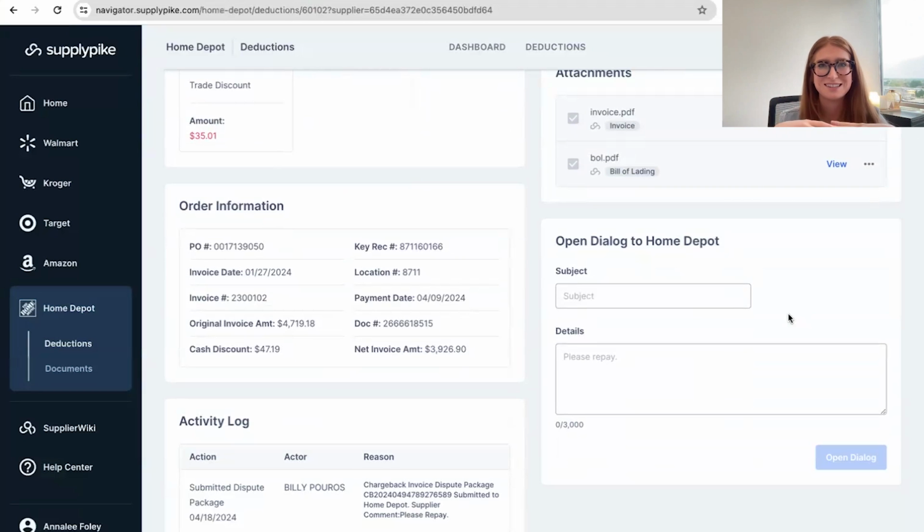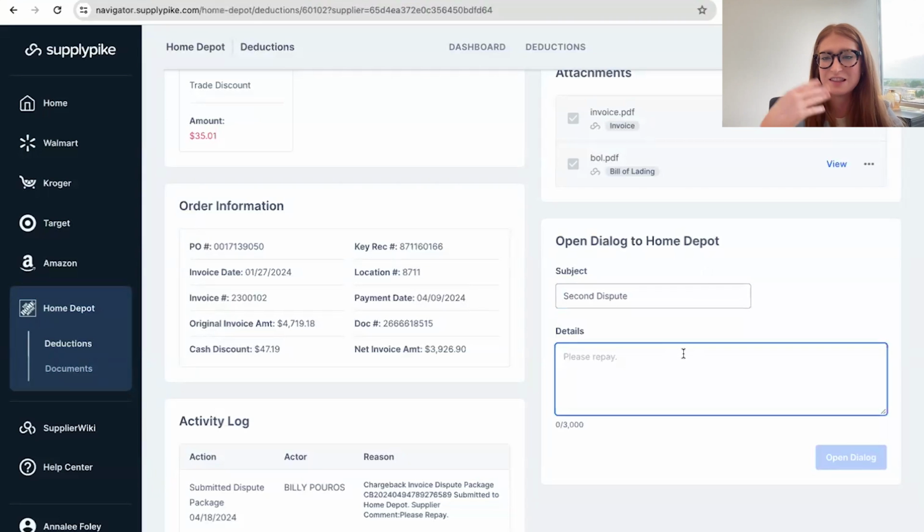We know that Home Depot doesn't technically have an official redisputing process, but really this opening a dialogue is the way to try and get another set of eyes, or understand where we're at in the process with the dispute package, anything like that. So I'll kind of throw something in there. I'm of course making this up on the fly, but you'll be able to send them a dialogue just like you would within the merchandise payables app.